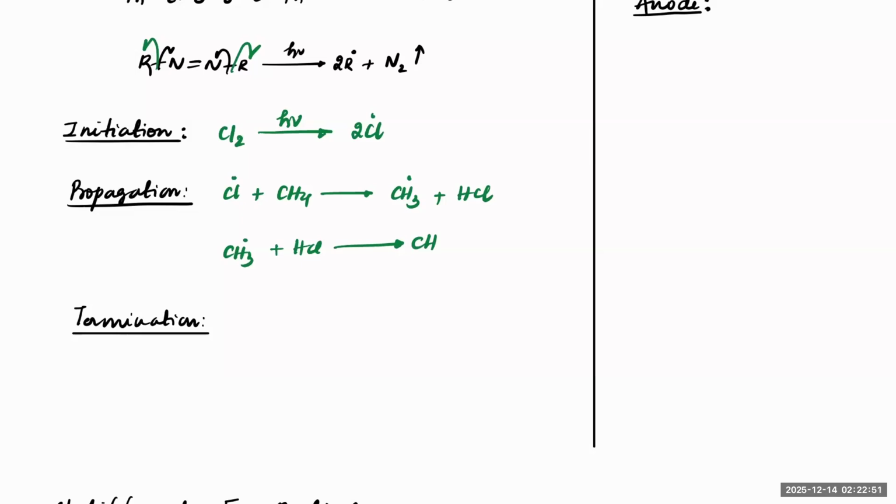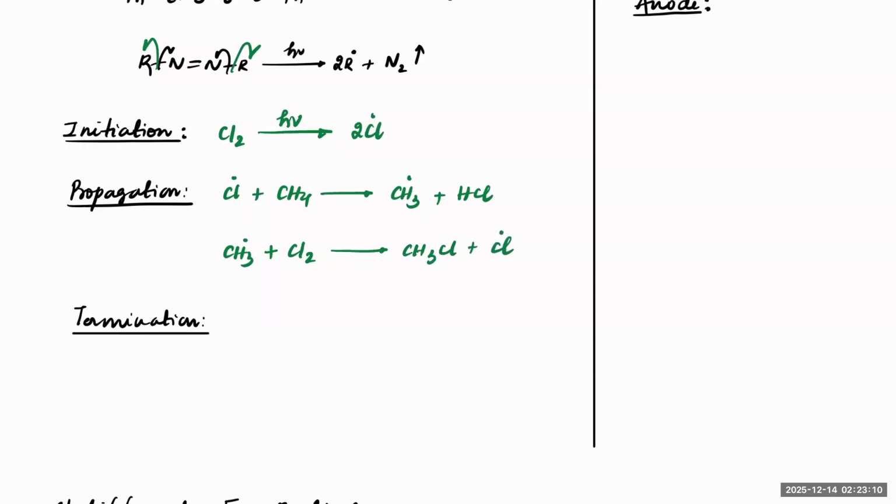In such case, here I need to make this as CH3 radical. So this CH3 radical will again react with Cl2, convert into CH3Cl plus Cl dot.